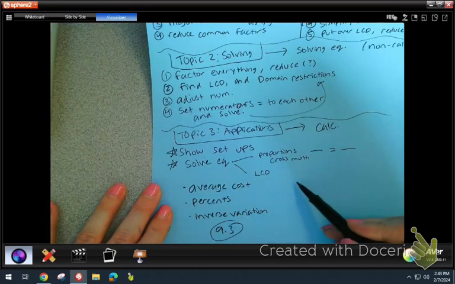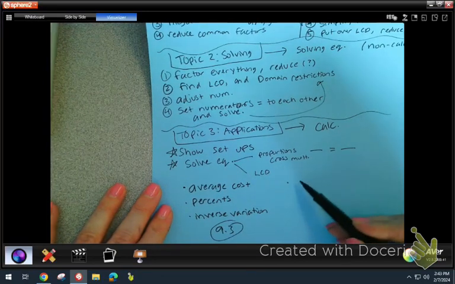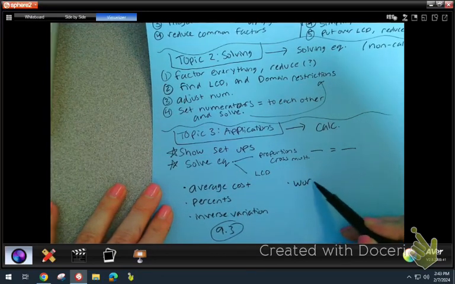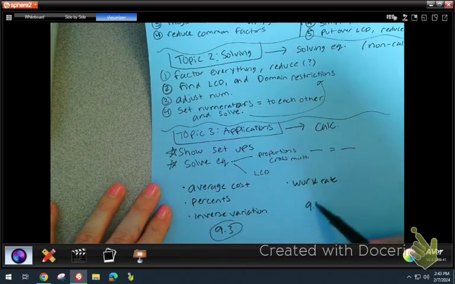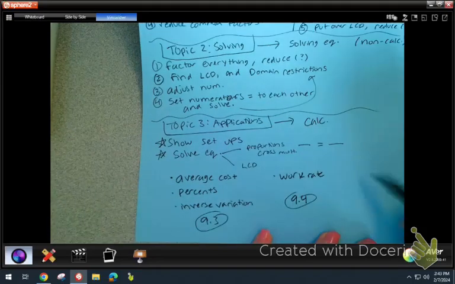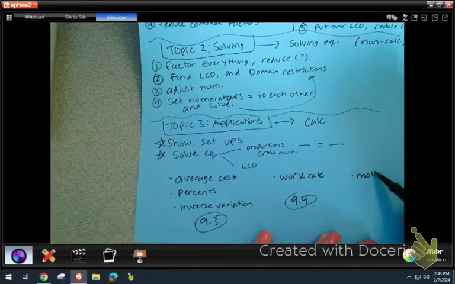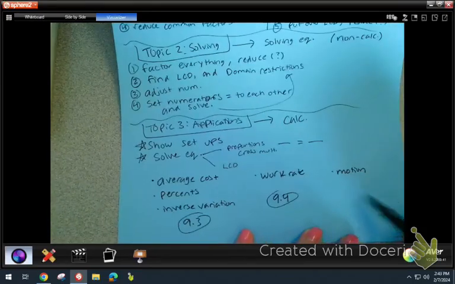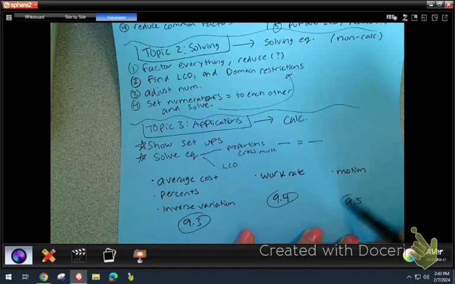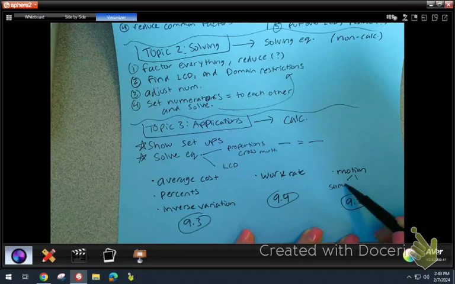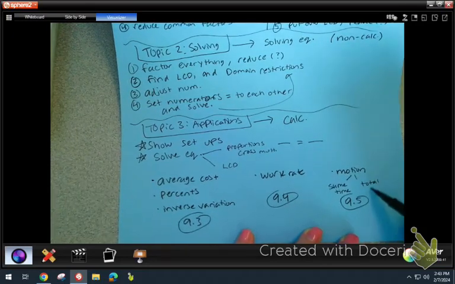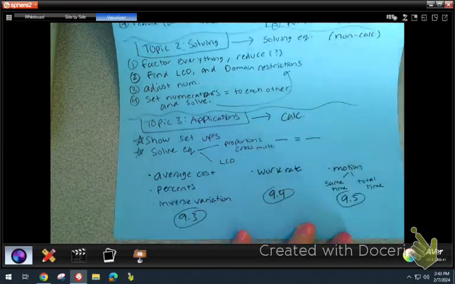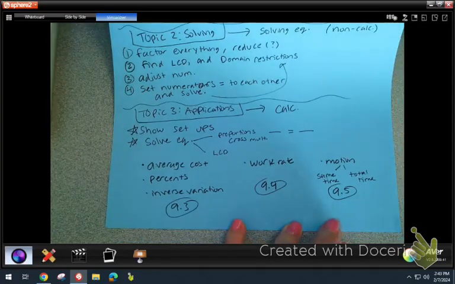Then 9.4, I know I taught that to y'all last, but 9.4 was your work rate. And then 9.5 was your motion problems. Remember, motion problems, you have same time problems and you have total time. So pay attention to those. Same times are proportions, total times are not.